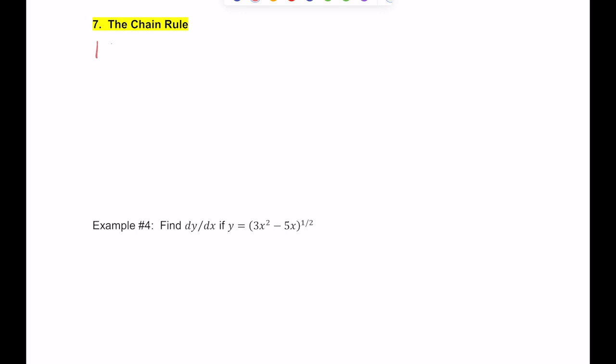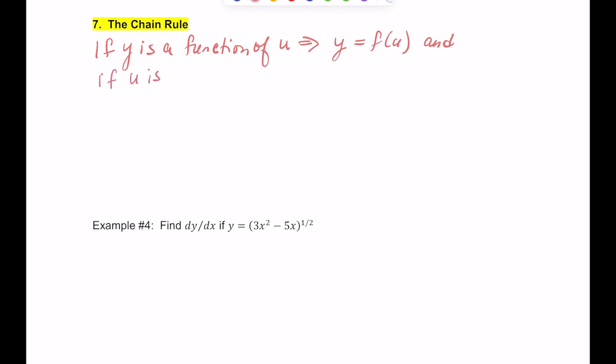So the chain rule basically just says if y is a function of, let's say, u, so in other words, y would equal f of u. And let's say u is a function of x.